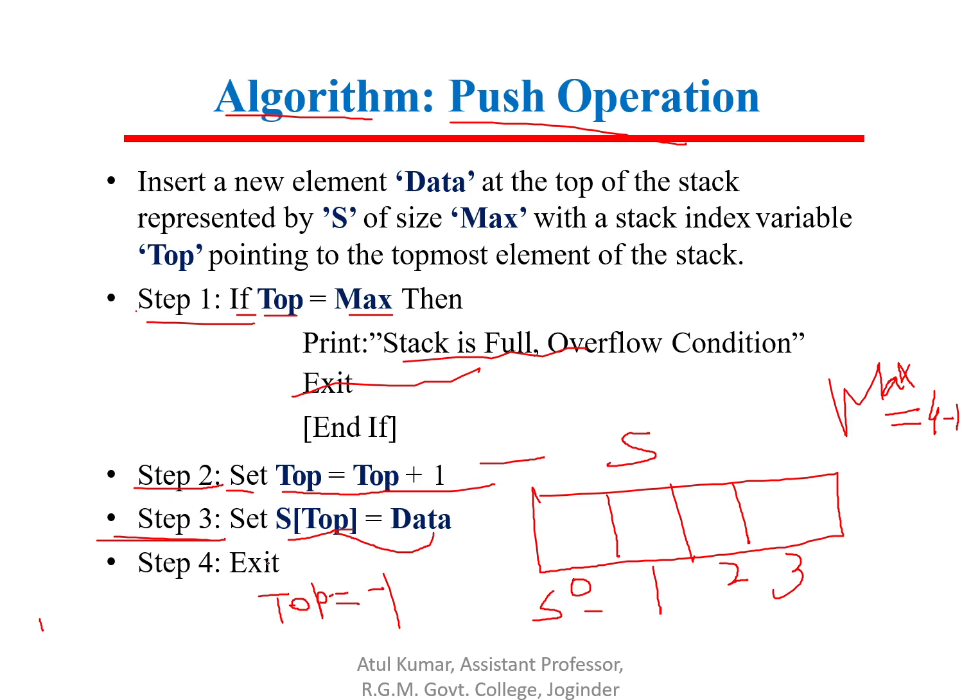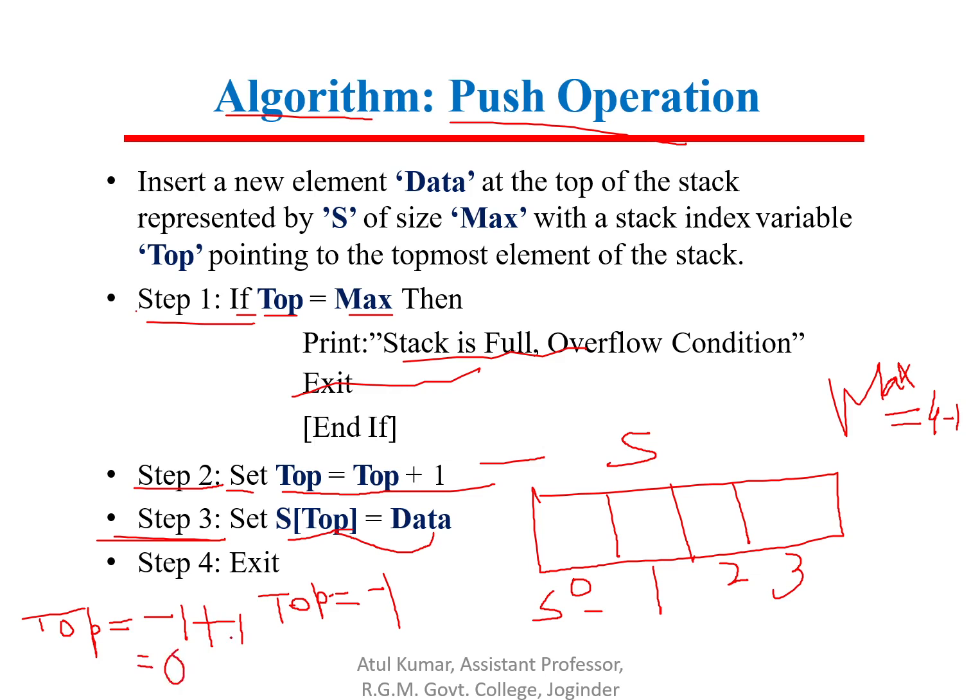In step 2 we have top is equal to top plus 1. So the value of top now is minus 1 plus 1, that is, the value of top is 0.